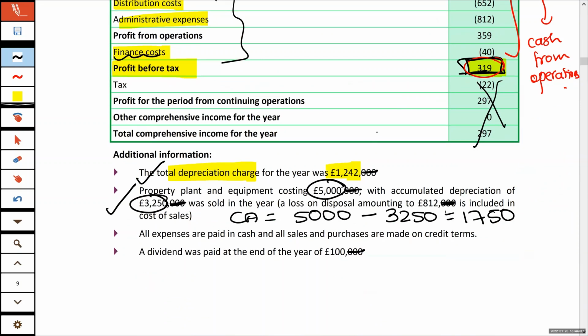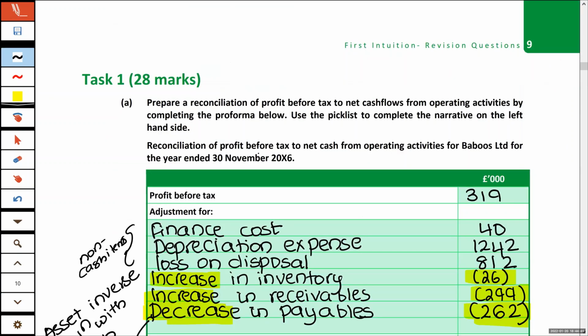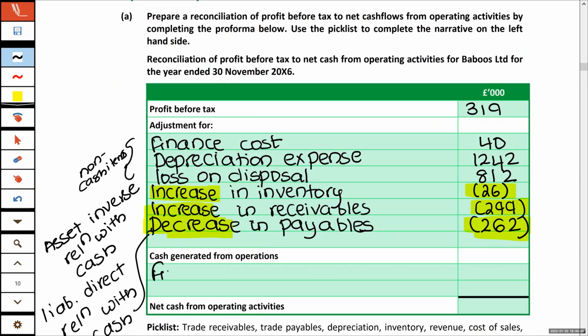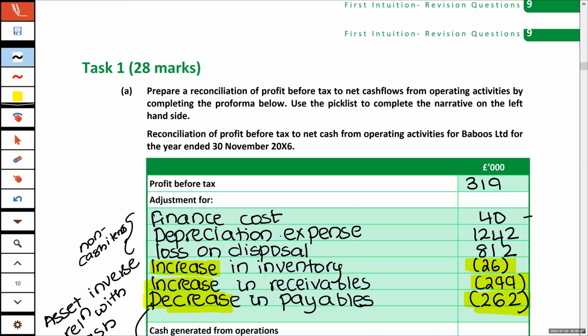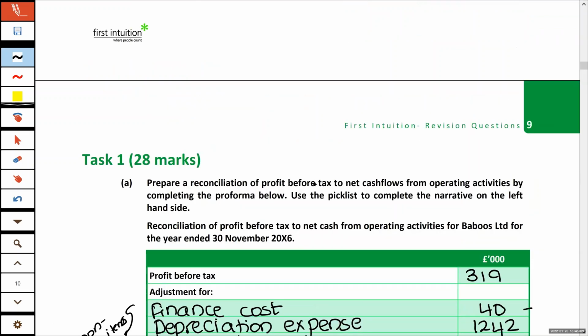If that's the case, what we end up doing is not removing what we've done. However, we show that finance cost paid here. And that is what we always do. So net effect, I add it here, I minus it here. So that takes care of this sentence.